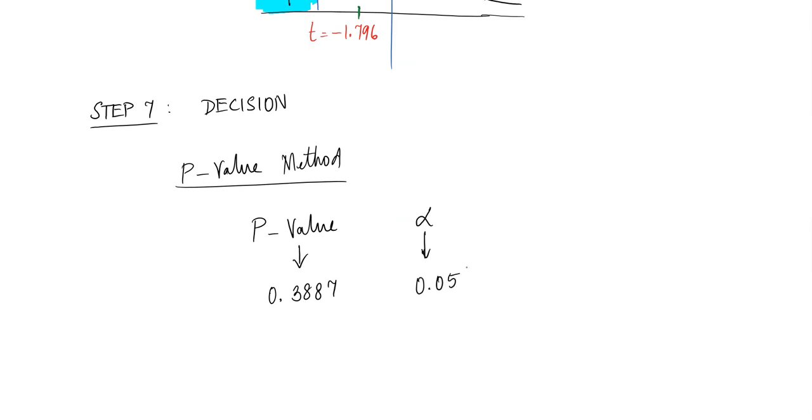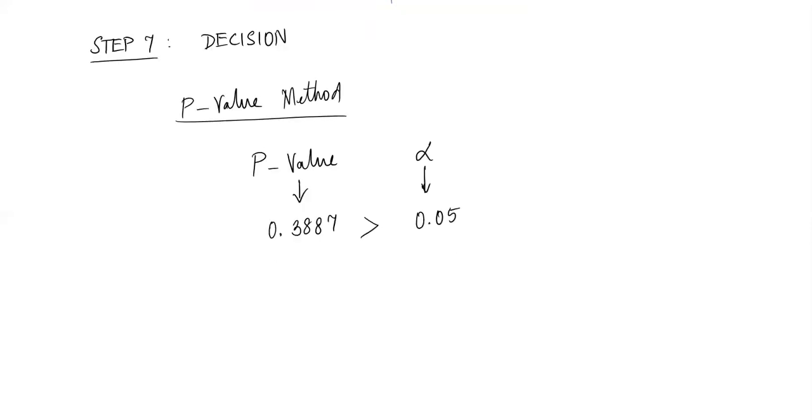See what sign should go in between them. Very clearly, we see that your 0.3887 is bigger than the alpha value. So we fail to reject H0 since the p-value was greater than alpha.